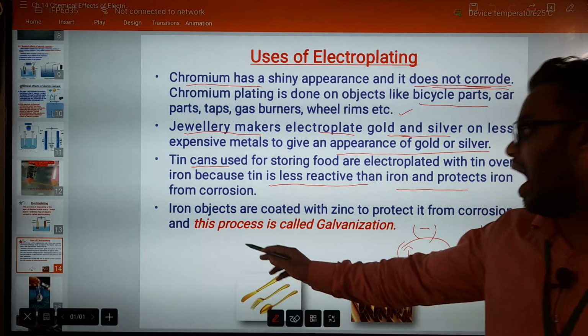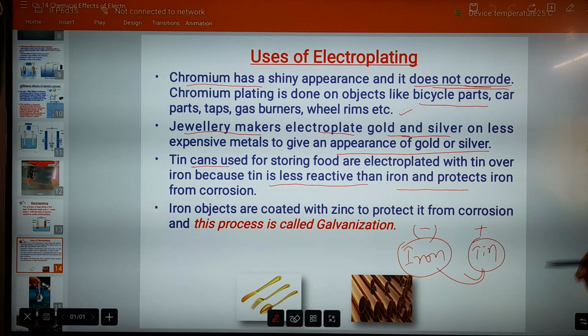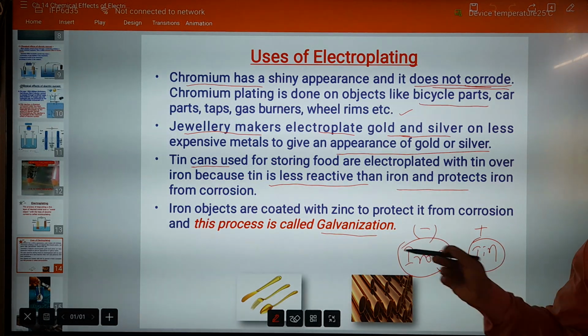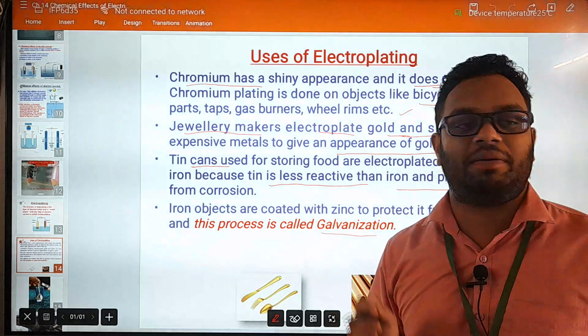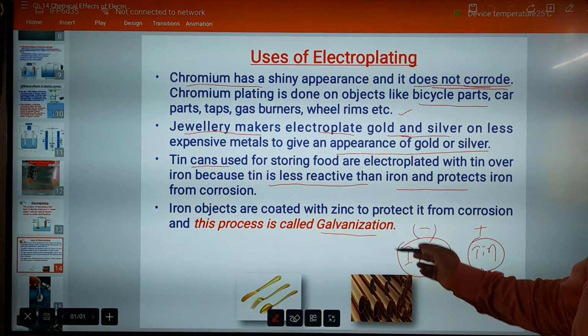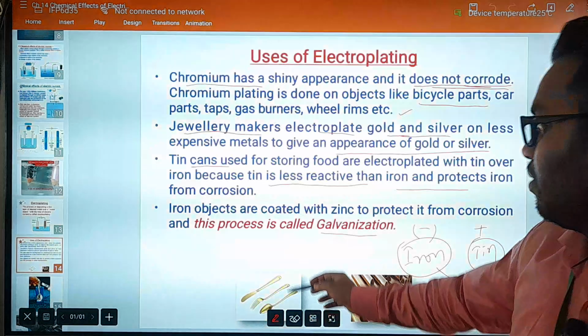Next one: iron objects are coated with zinc to protect them from corrosion, and this process is called galvanization. What is it? Galvanization. This is very important. A question will come, what is galvanization? Or it may be in the MCQ also. That's why you have to learn it properly.